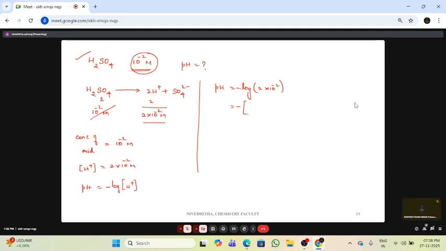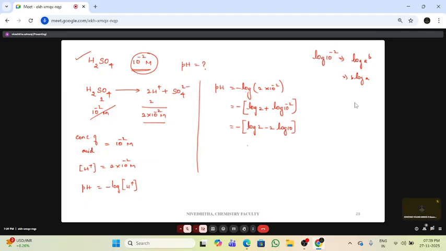It is like log of A into B, which can be written as log A plus log B. So minus of log 2, and log 10 power minus 2 is like log A power B, which can be written as B log A. So it is minus 2 log 10.